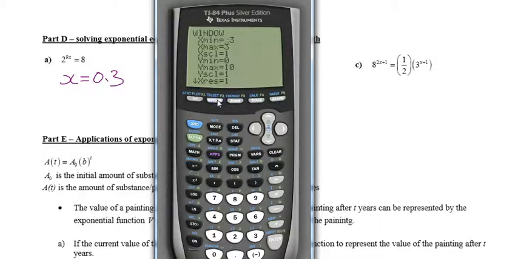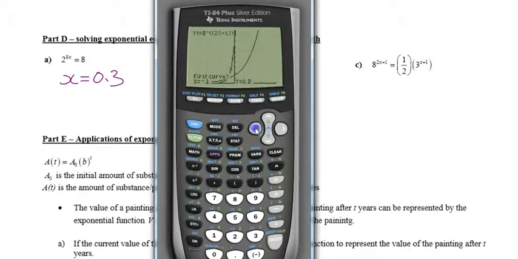There's my window. You're going to see it graph one curve at a time, and you know it's working when there's a little flashing bar up in the top right corner. When it first did it, the graphs were really in close to the y-axis, but it kind of spread out. But that's what I want. So now we go second calc intersect, move to about that spot.